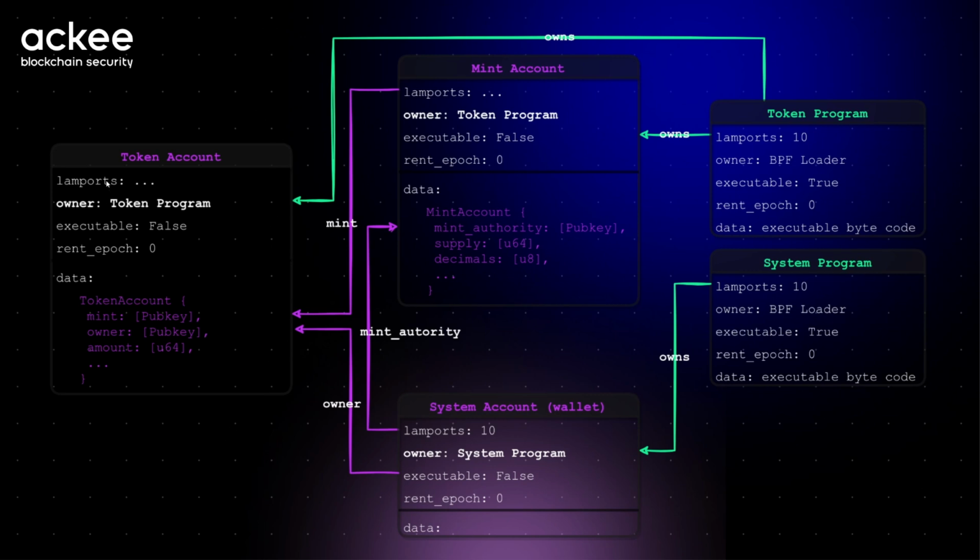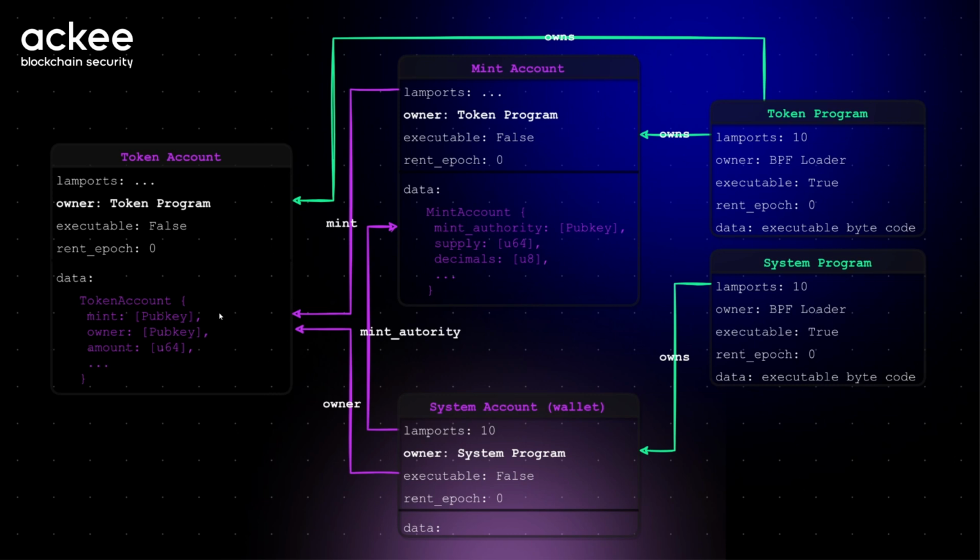Once again, you need to interact with the token program, which is the owner of the token account. What is again important is the data field, which holds a structure called token account, and this structure holds information such as mint, owner, amount, and so on.